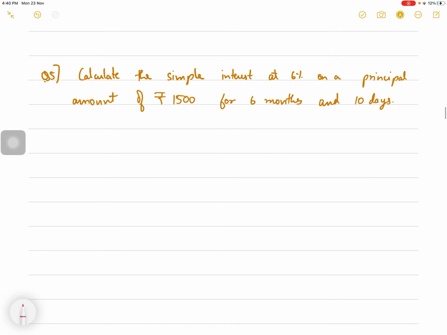Let's solve the next problem. Calculate the simple interest at 6% on a principal amount of rupees 1,500 for 6 months and 10 days. So N is equal to 6 months plus 10 days.